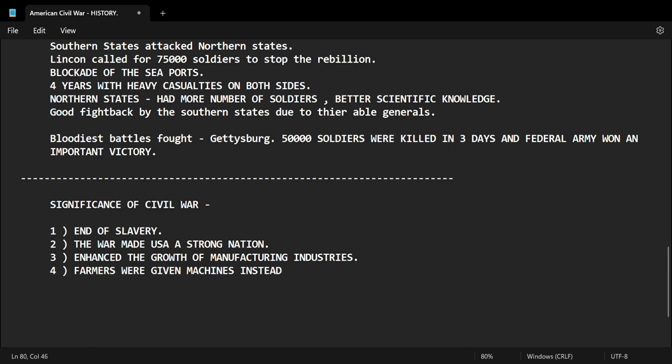Farmers could buy machines instead of slaves. Now, growth of paper currency. I don't know how, but it led to the growth. Okay, number 6.